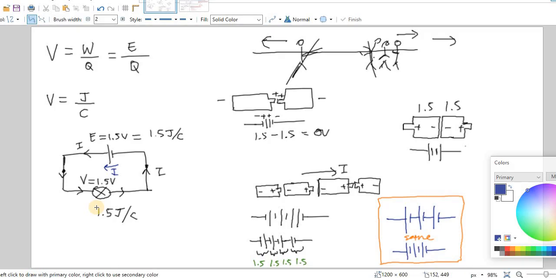It gets converted to light and heat energy here. Eventually the battery dies because it's converting its chemical energy to electrical energy, and here the electrical energy is converted to thermal energy and light energy.